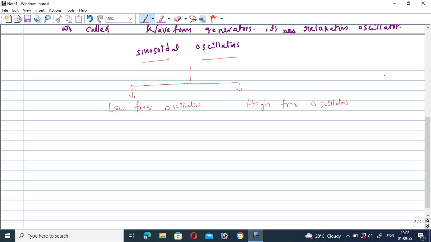Again, these low frequency oscillators can be classified into the RC phase shift oscillator.